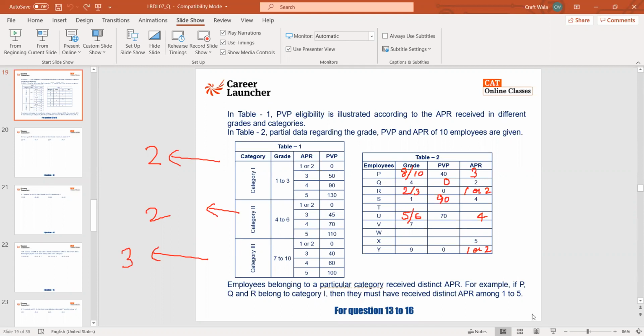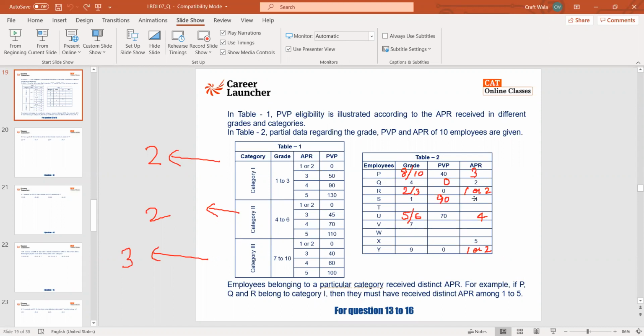R's APR is 2, and T gets an APR 3. So APR 3 here means T is definitely not in grade.